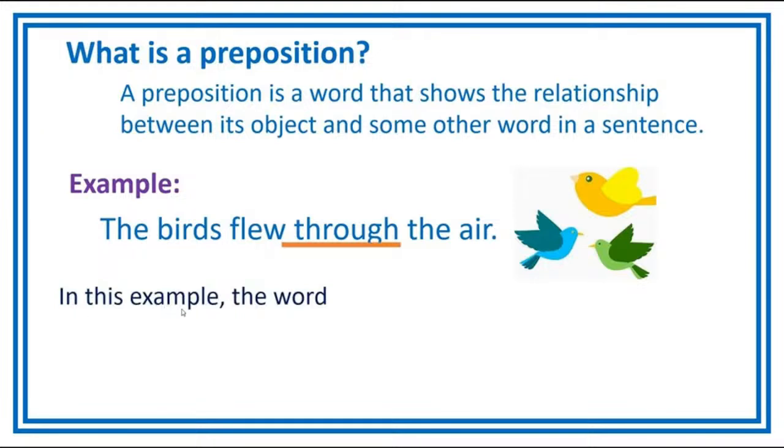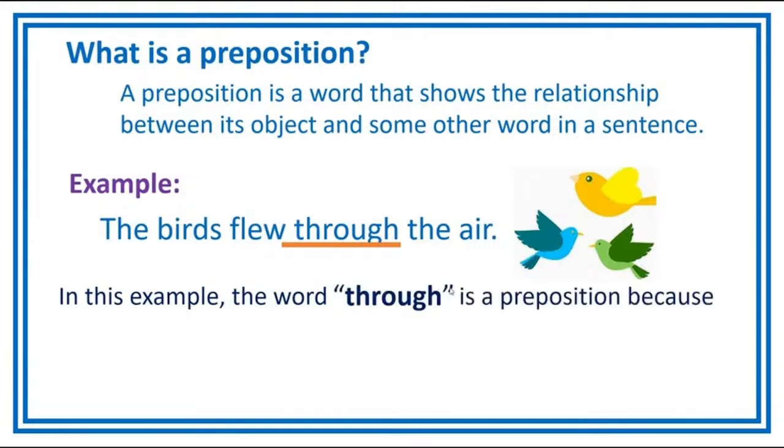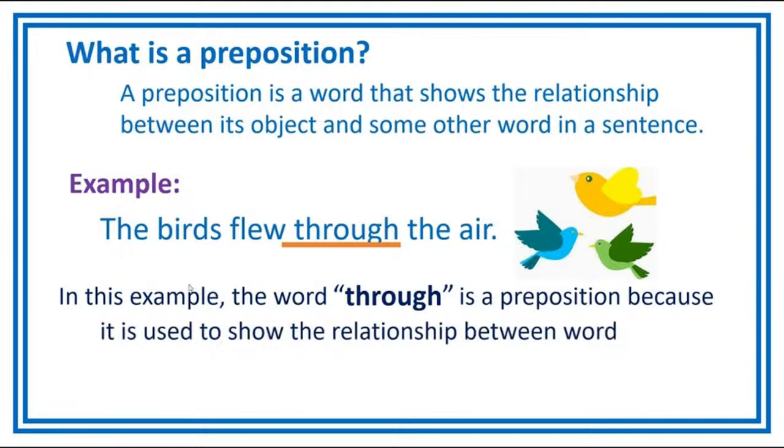In this example, the word through is a preposition because it is used to show the relationship between the word flew and its object, the air. Alright?